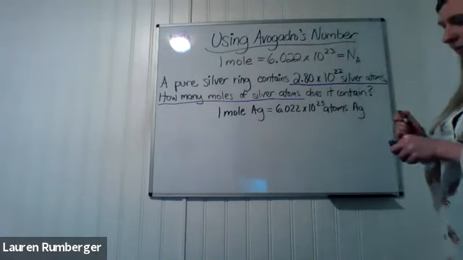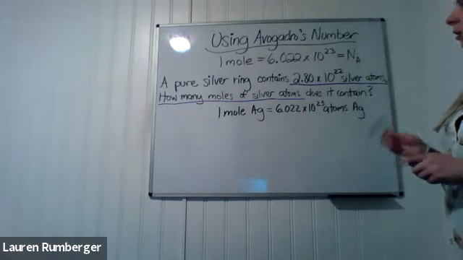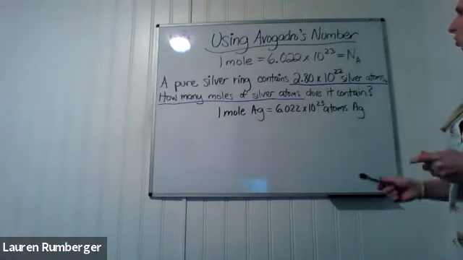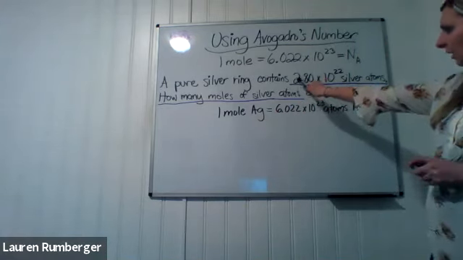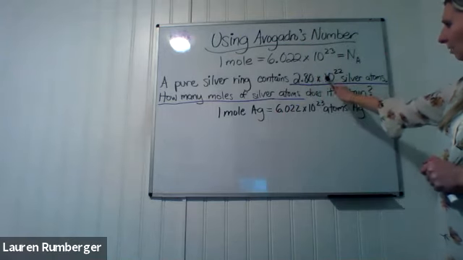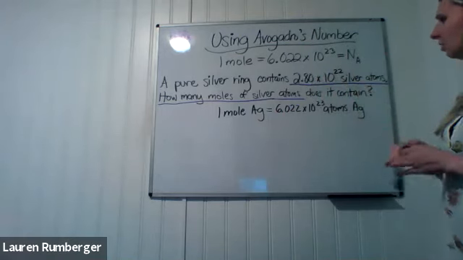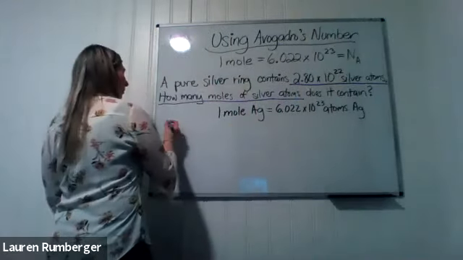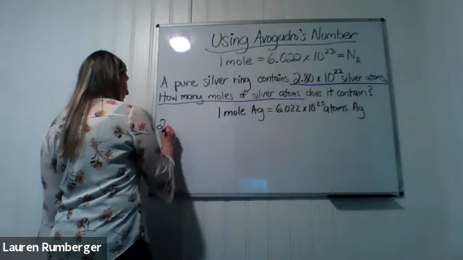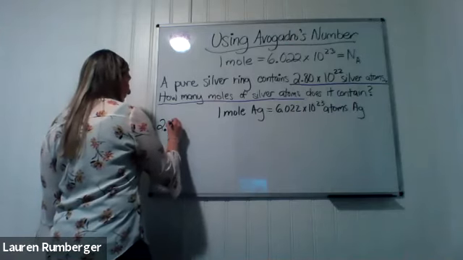Okay, so there's our equivalence. We know what we want to start with. We start with our given value. The given value here is 2.80 times 10 to the 22nd silver atoms, okay? Or atoms of silver. We're going to start with that in our dimensional analysis.